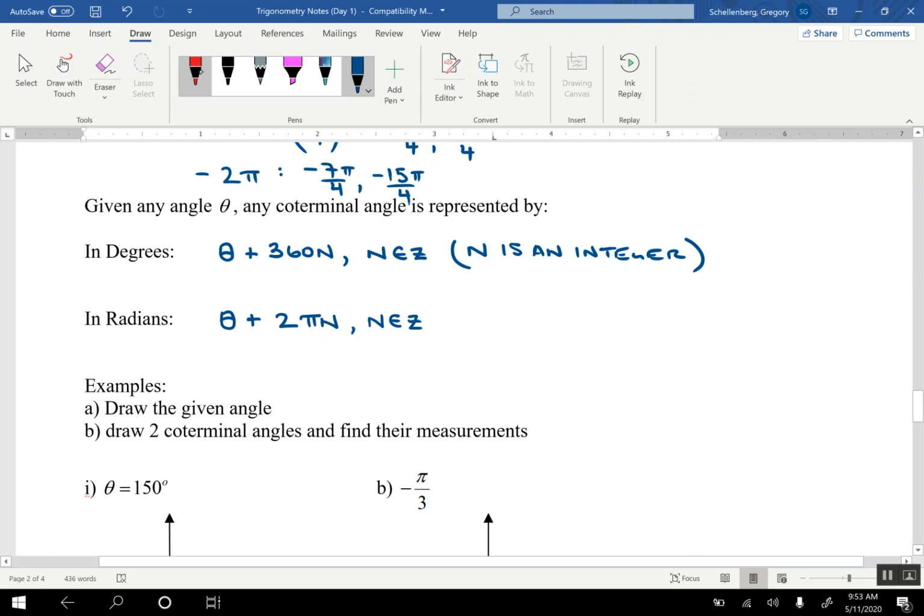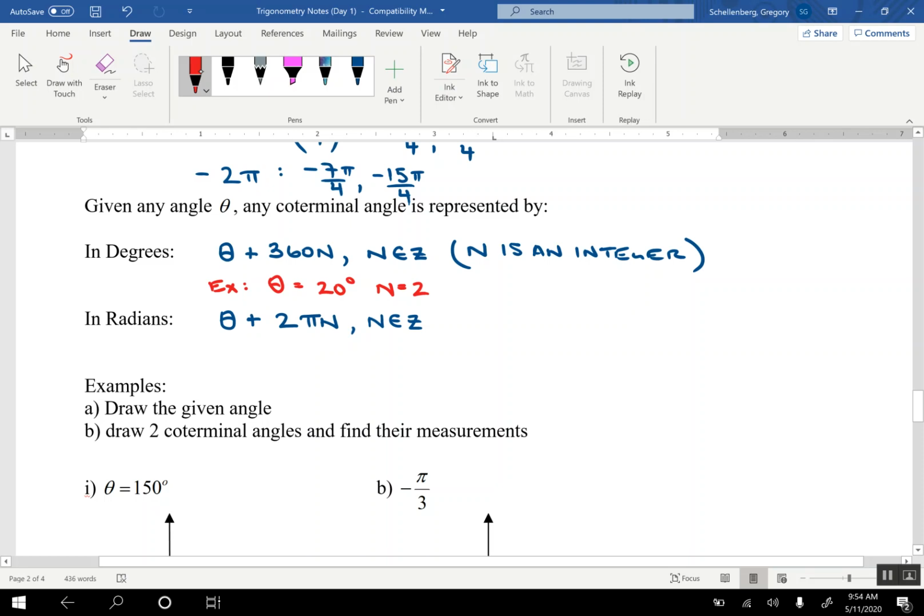Just as an example, let's say that theta is equal to, I don't know, 20 degrees, and let's say that n is 2. That's an integer, that works. So this is going to help us find a coterminal angle with 20 degrees.